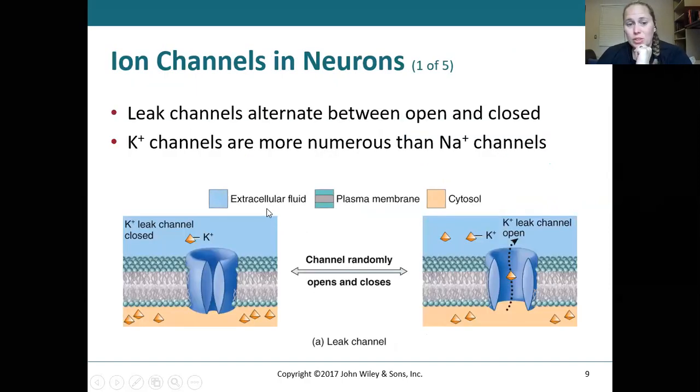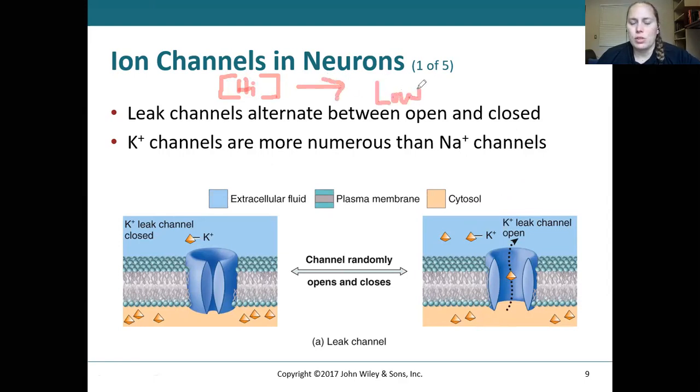Okay, so types of ion channels. Leak channels are very important. It's important to remind yourself that when we're talking about movement of ions, like I said last time, and maybe this is not the best way to describe it, when you're an ion, you always want to move from an area of high concentration to an area of low concentration.